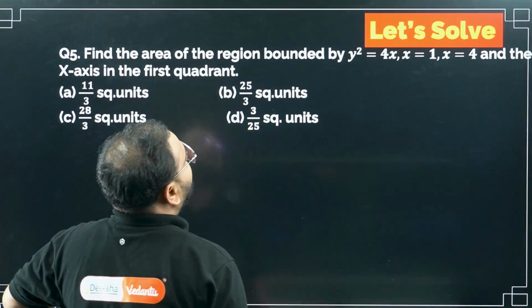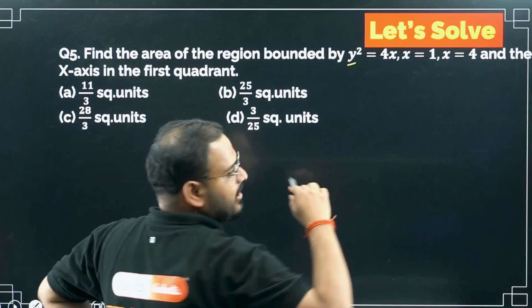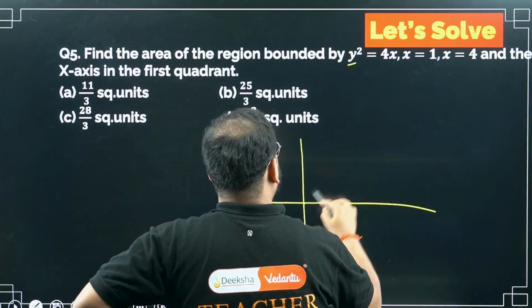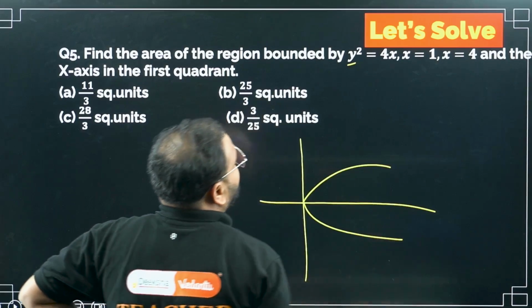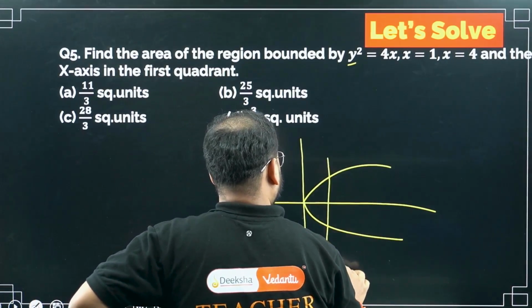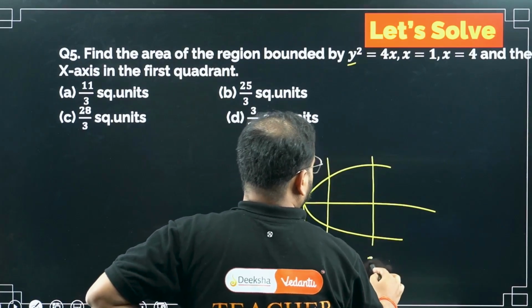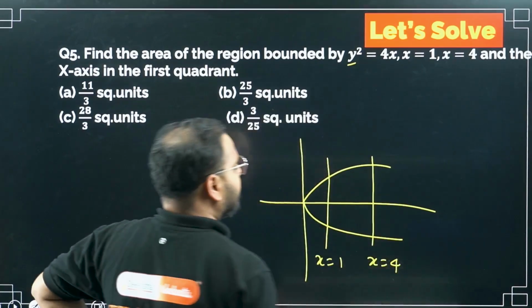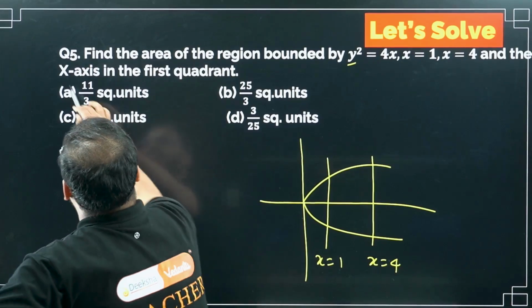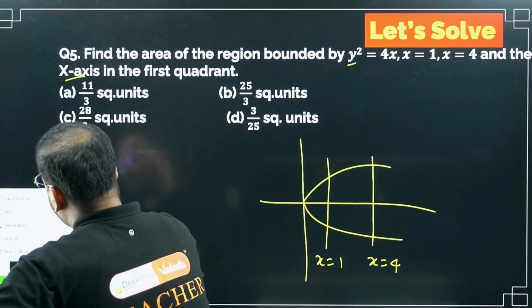So let's see, again, a square on y means symmetric about the x-axis. x equals 1 over here, x equals 4 over here, and the x-axis means I'll take only the positive part.